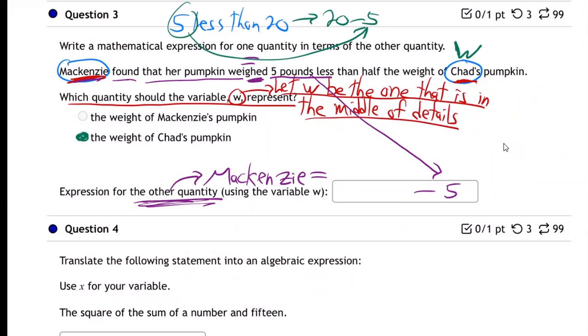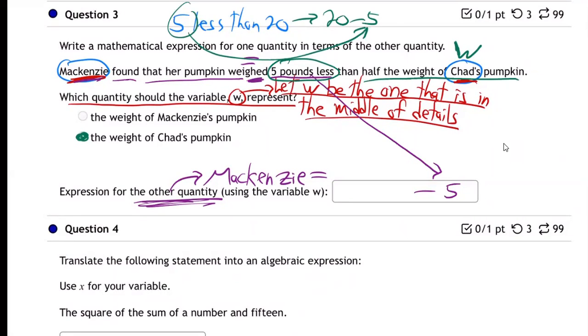So see how you know right away when they're both numbers. Whenever I'm confused about some kind of words, I just put in nice simple numbers and think about what it means. 5 less than 20 means the 5 is subtracted at the back. That's what it means here too. 5 pounds less means 5 subtracted at the back. Less than what? Less than half the weight of Chad's pumpkin.